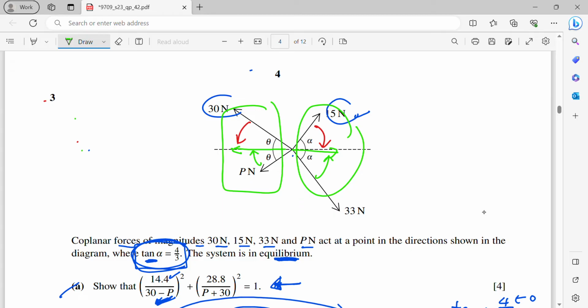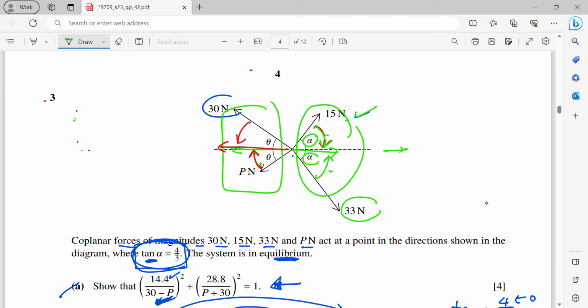So remember, when I resolve my 5N down, which is a yellow, let's say I change this to a green arrow, then this will be the red arrow. I'm using the given angle alpha, also alpha, which means that when you resolve, it will involve cos. So I will be getting 15 cos alpha plus 33 cos alpha.